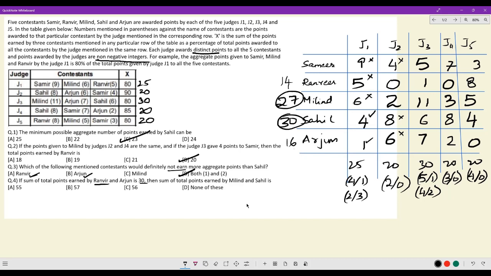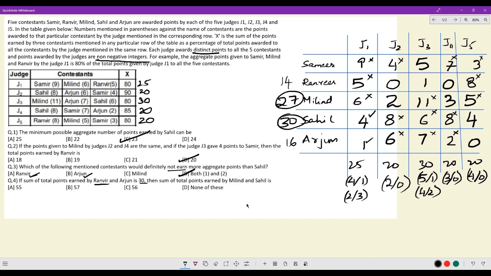Here, Milind, Arjun, Sahil was fixed. So 1 and 5. Okay. Here, Sahil, Sameer, and no, for judge 4, these three are fixed. So 3 and 0. Wonderful. And here, 3, 5, and 8. So this is fixed.